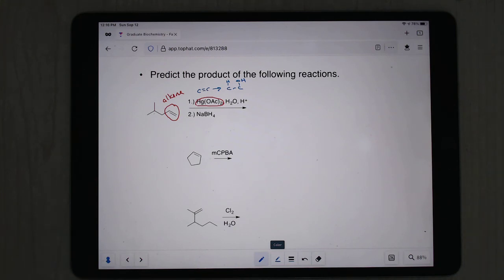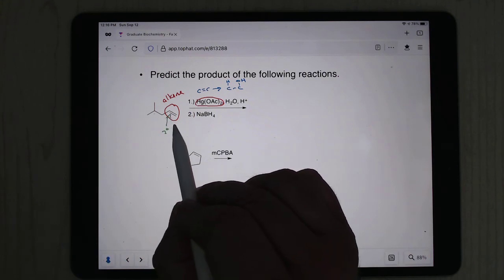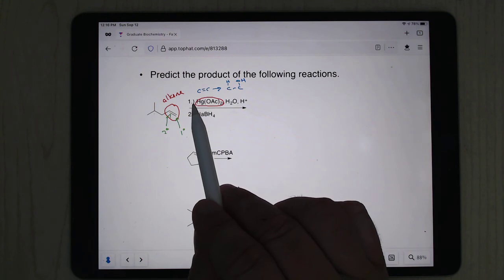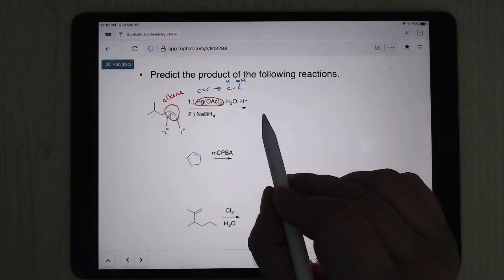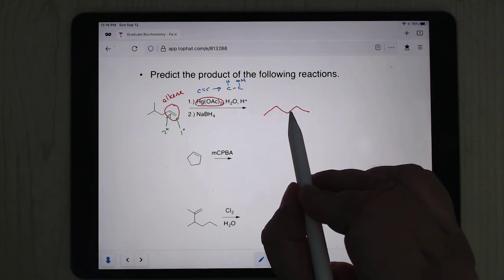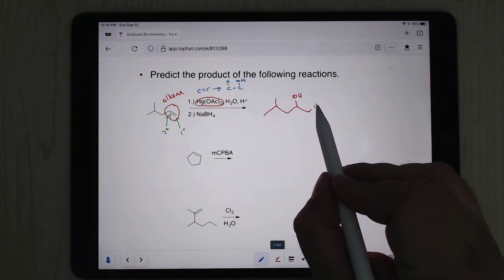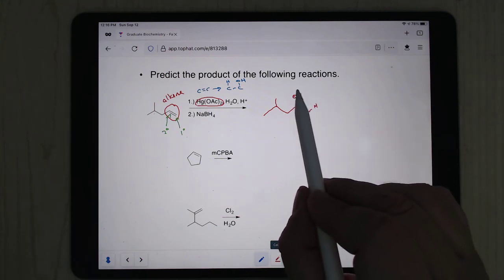That's how you have to think about this. So this is secondary, that's primary. This is going to follow Markovnikov. So we're going to put the OH on the higher ordered side. Your product is going to look like this, OH like this, and you're going to have an extra H over there. You can put the H in, you don't have to.